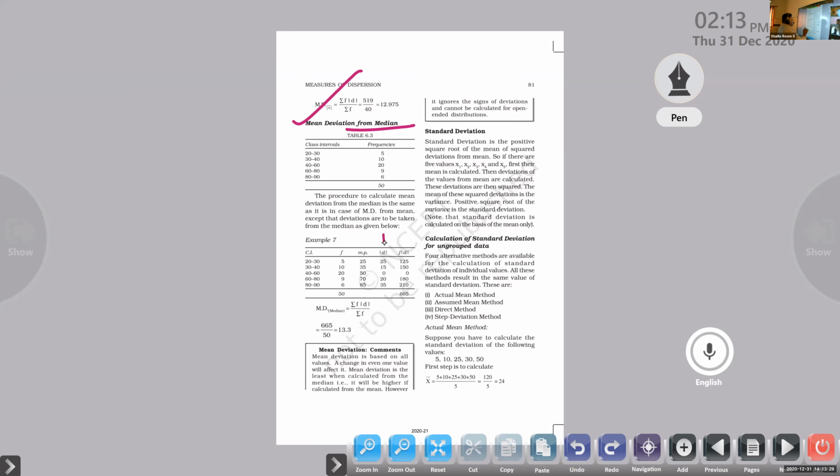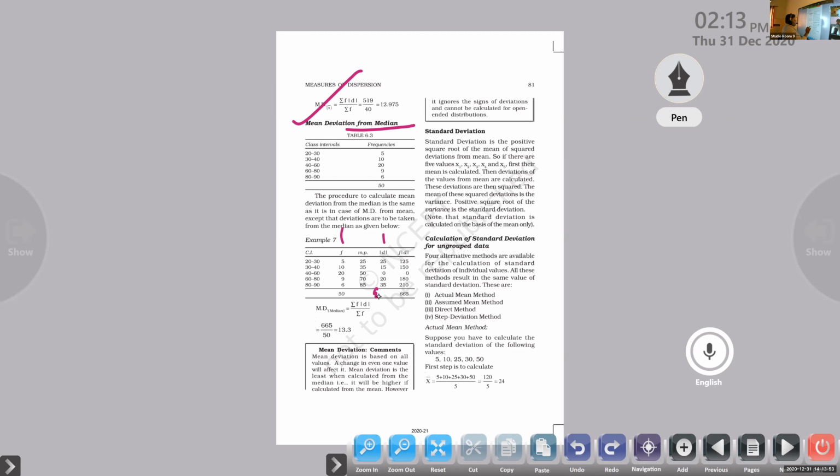Now, next step, F into D. Frequencies are here: 5, 10, 20, 9, and 6. That F should be multiplied with these D values. So 5 into 25, 125. 10 into 15, 150. 20 into 0, 0. 9 into 20, 180. 6 into 35, 210.